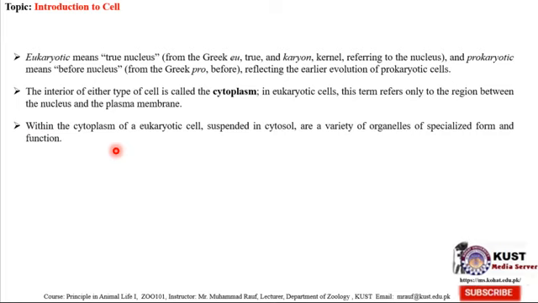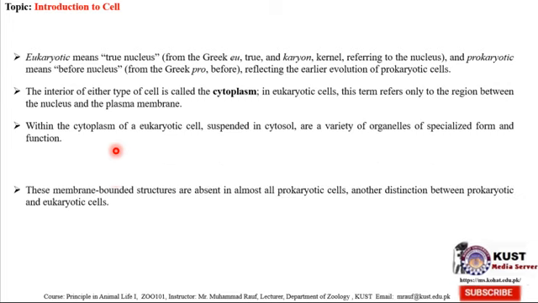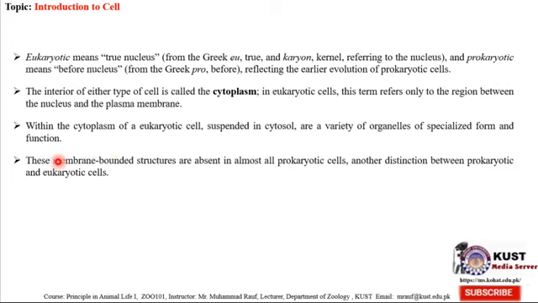So as already discussed, the cytosol provides a medium. It is a gel-like semi-fluid substance, and it provides a medium where the subcellular organelles are suspended, and the membrane-bounded organelles are absent in prokaryotic cells.